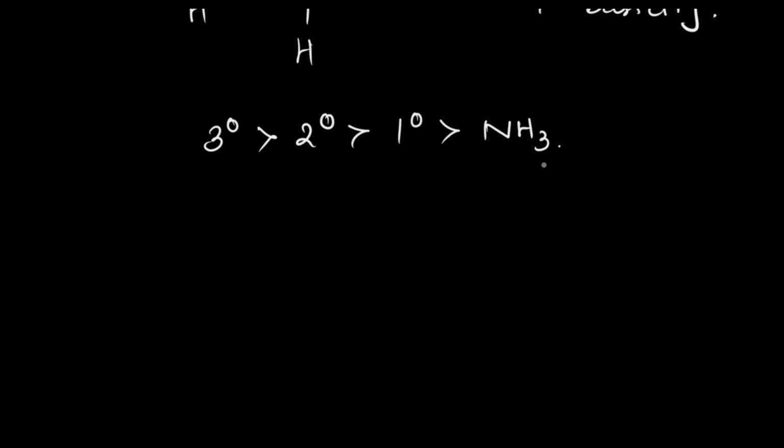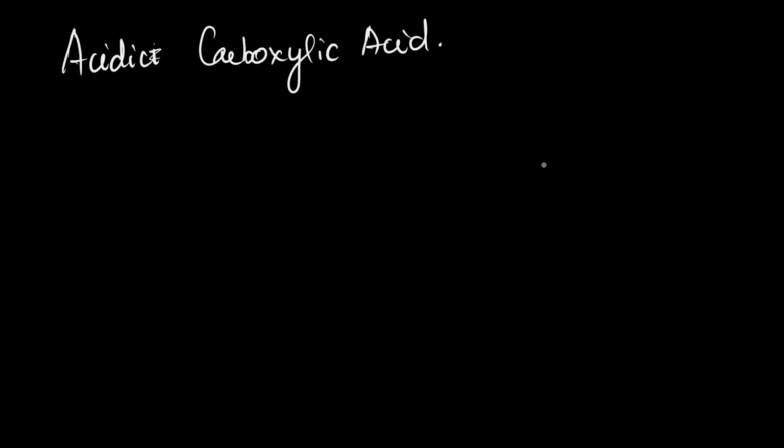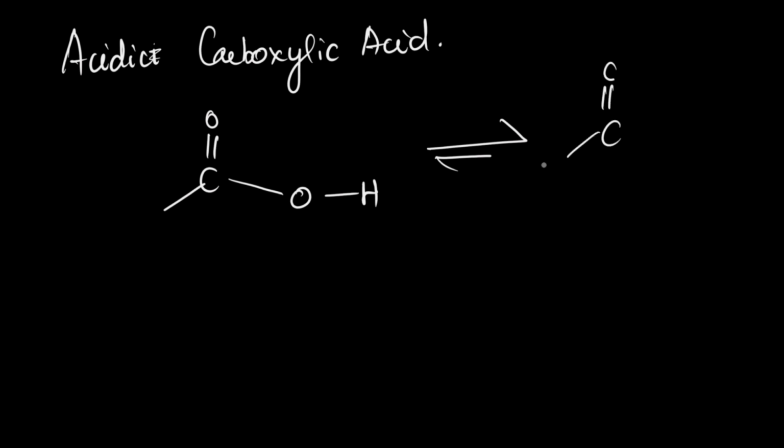Okay, so the next application is the acidic strength of carboxylic acid. Carboxylic acid has a COOH group. As the name indicates, that is more acidic. So what will happen to carboxylic acid? Because of this inductive effect, OH is there, which will form the conjugate base C double bond O, O minus, right?